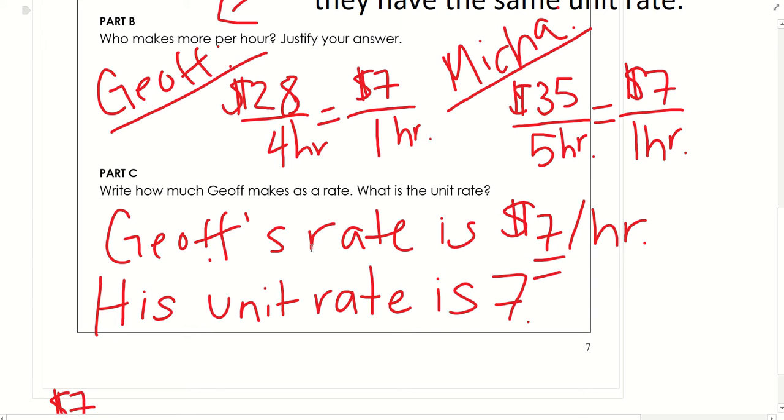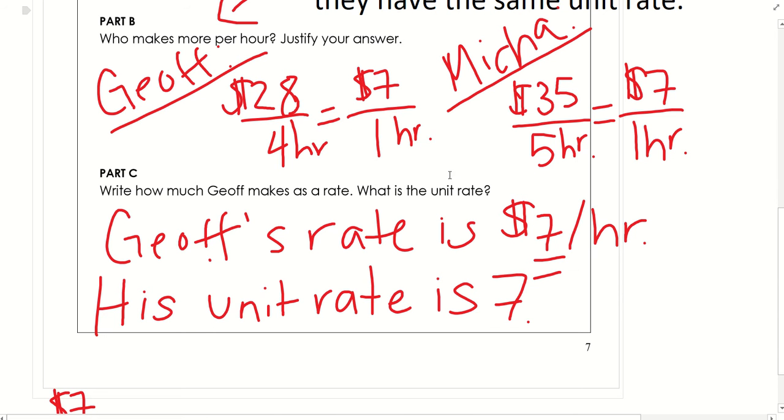You will have to be able to say what the rate is and put units down, and then write the unit rate and specify, just like we did here, that it is the unit rate. And you will write just the number. You will not include units. Please remember this. I want all of us to get full credit on that question. So again, if a question asks you to find the rate and then find the unit rate, all you do is what we did up here.